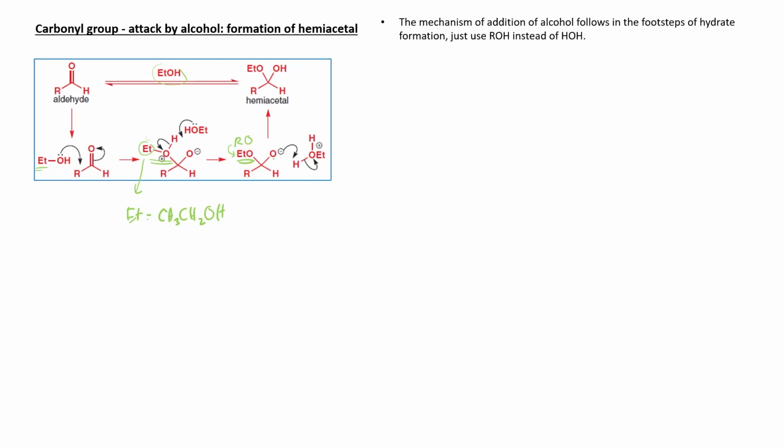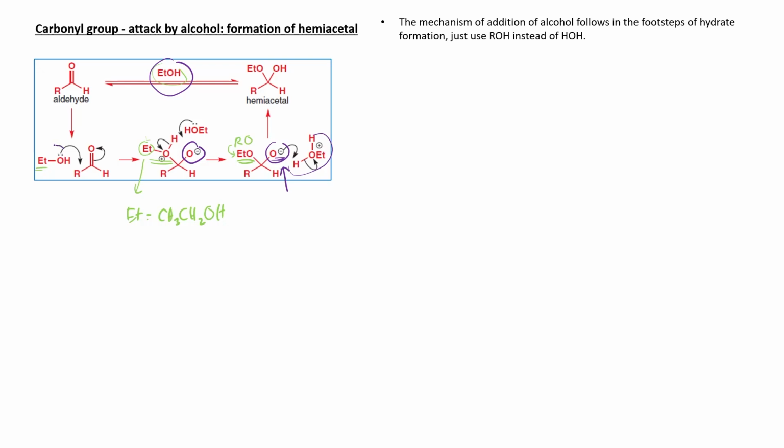And then if you look at this, let me take a different color. If you look at this oxyanion on the other side, it will also behave like a nucleophile and take the hydrogen from another ethanol, because remember here we only have pure ethanol, we don't have any water. So the only electrophile that this can attack is another ethanol.